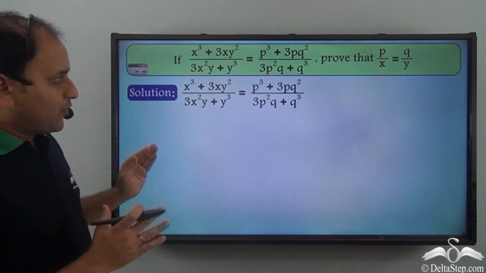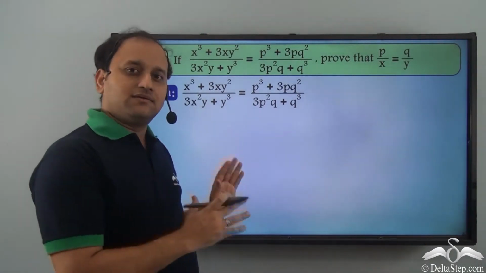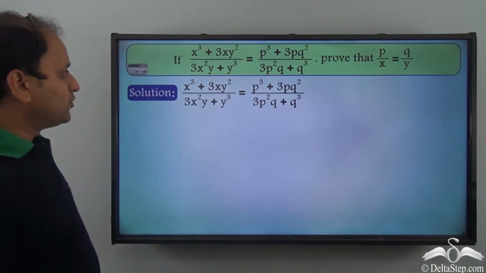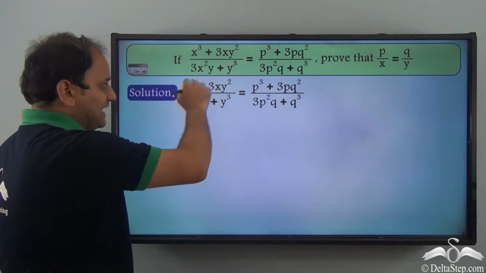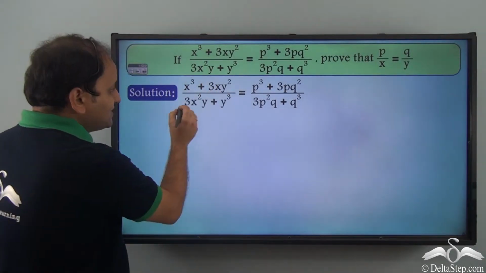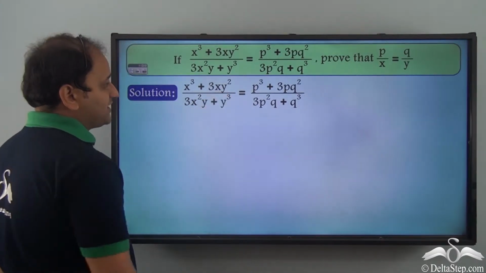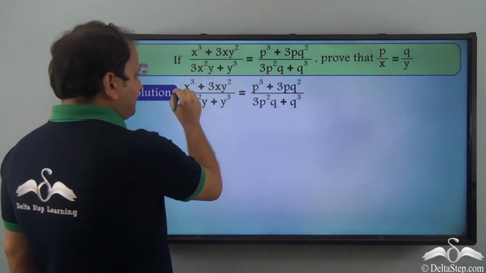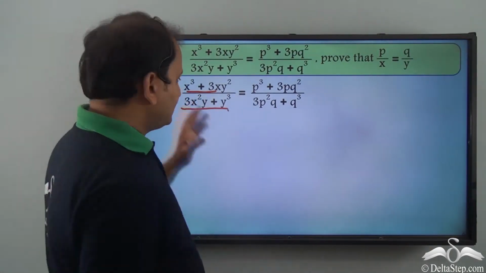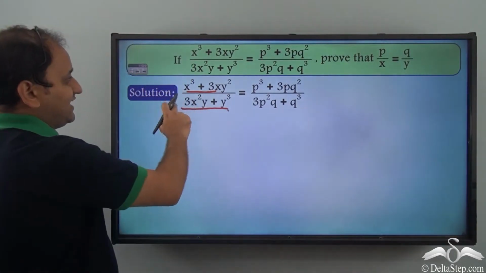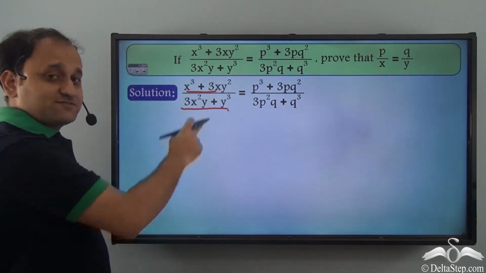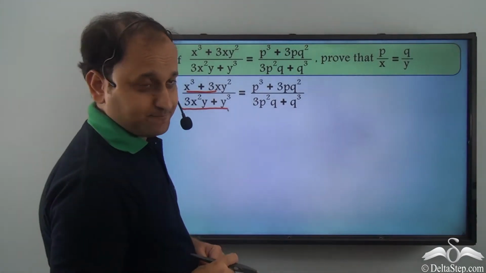Now it's very important to notice the pattern in the question. So we have this particular equation here, and if you notice, we have on the LHS x cube plus 3xy square by 3x square y plus y cube. Now if these two expressions were in a single line, then you could easily say that we could have written this as x plus y whole cube, isn't it?